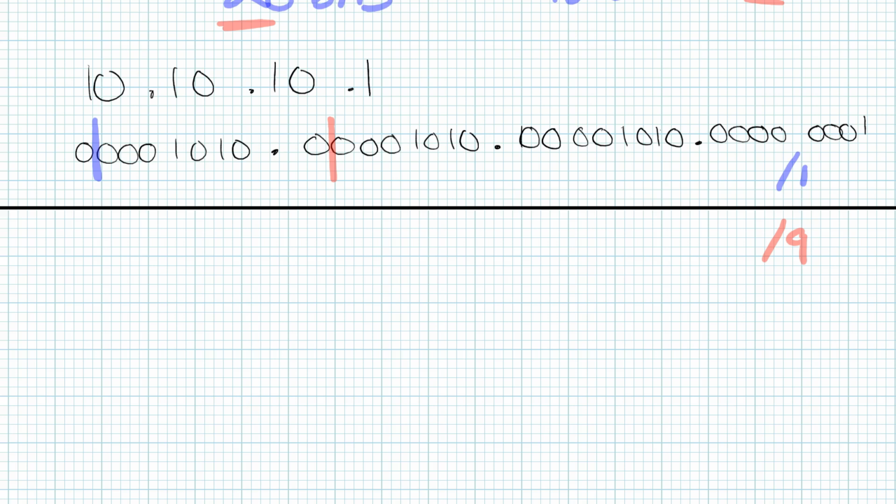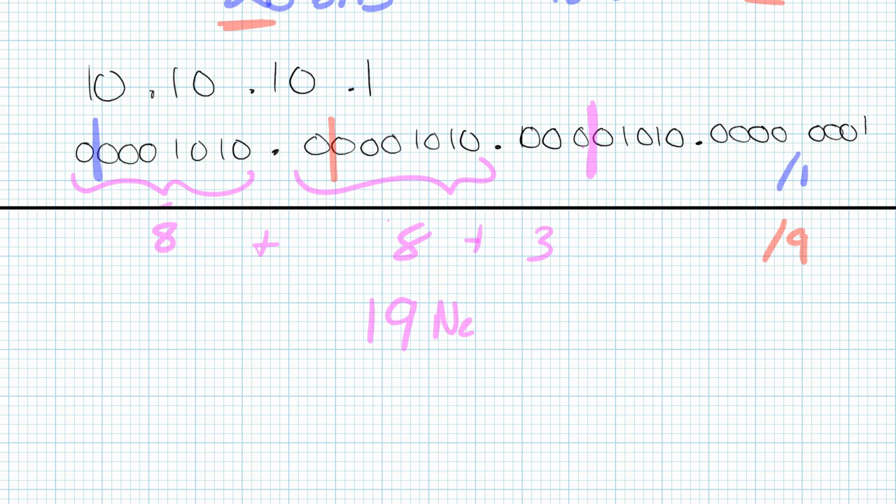If we split it here, it's not quite in the middle, so we have 8 plus 8 plus 3 gives us 19 network bits. So we have a /19 notation. All I'm saying is that this / number in your prefix represents how many bits belong to the network, and we can always calculate it just by counting the number of network bits.